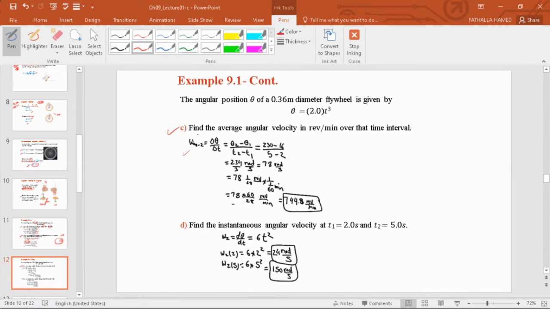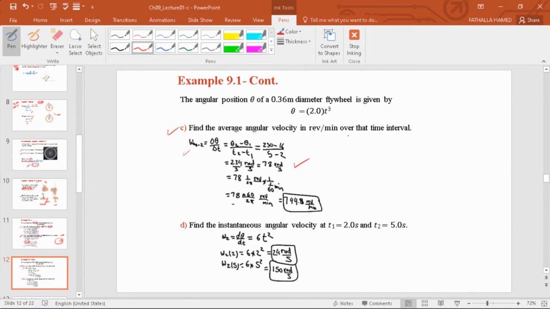We know that omega average z, because we take the z-axis as the axis around which the flywheel is rotating, is delta theta by delta t, which is theta 2 minus theta 1 over t2 minus t1. 250 minus 16 over 5 minus 2. That gives you 3. So 234 divided by 3 gives you 78 rad per second. So this is now your average angular velocity.